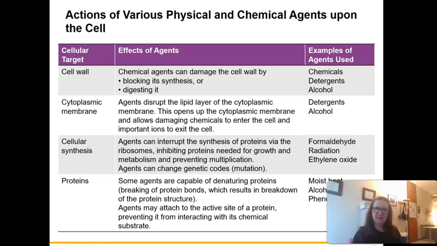Okay, so for those of you that are really into the biology of microbiology, this table gives you a really good idea how our physical and chemical agents are going to act on cells. Okay, so remember cell walls. When I think about cell wall properties, fungi are different than the cell walls of bacteria, which are different than the capsids of viruses, right?